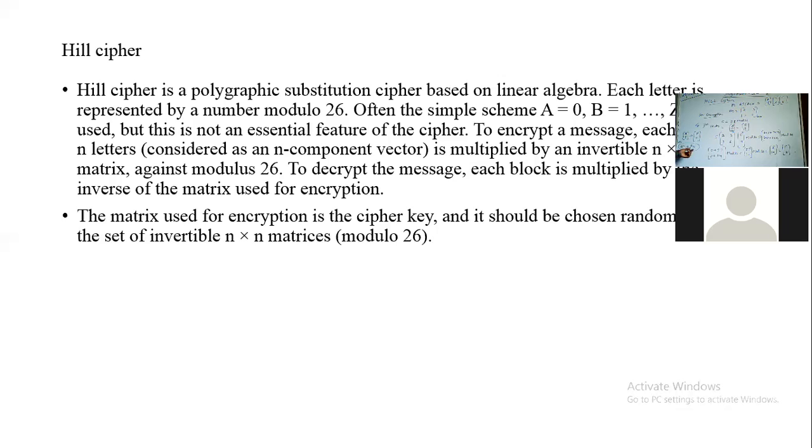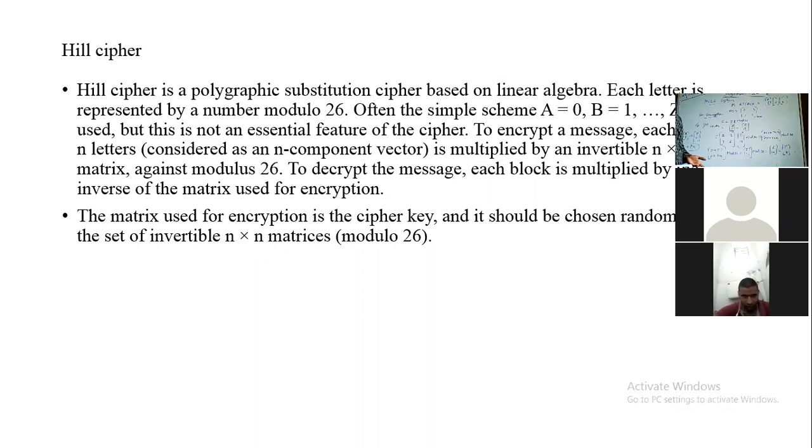This is the conversion of the first vector, that is AT. Now you have to convert the second vector into ciphertext and the third vector into ciphertext, and then combine the results of all three vectors and you will get the ciphertext.